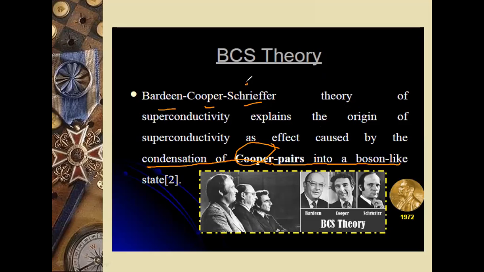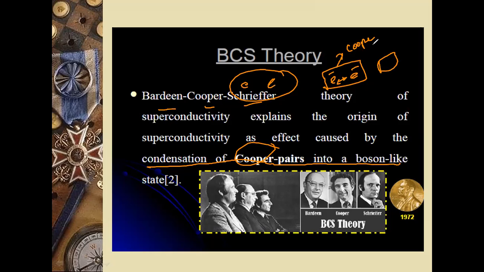Cooper pairs are electrons that form pairs. You know electrons are negative particles and they repel each other, but up to a certain point they form pairs like this. We call these Cooper pairs, and this is possible only at very low temperature. With this only, they show superconductivity.